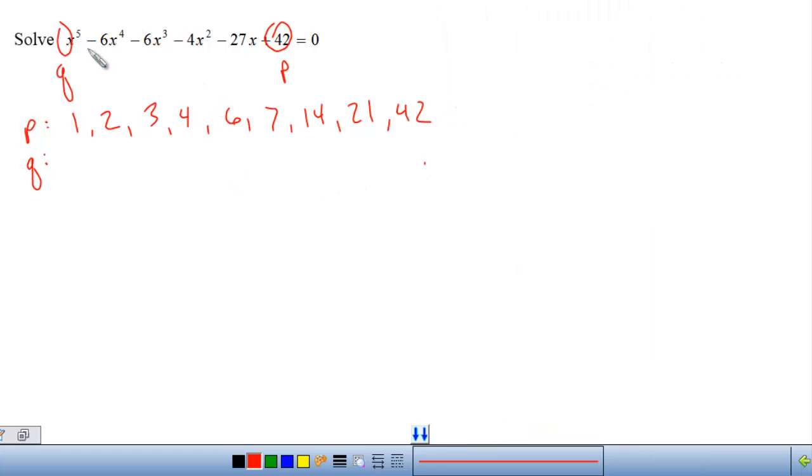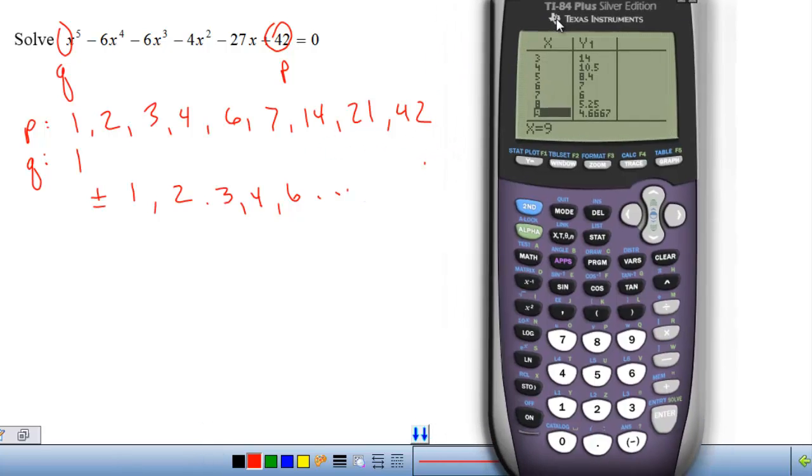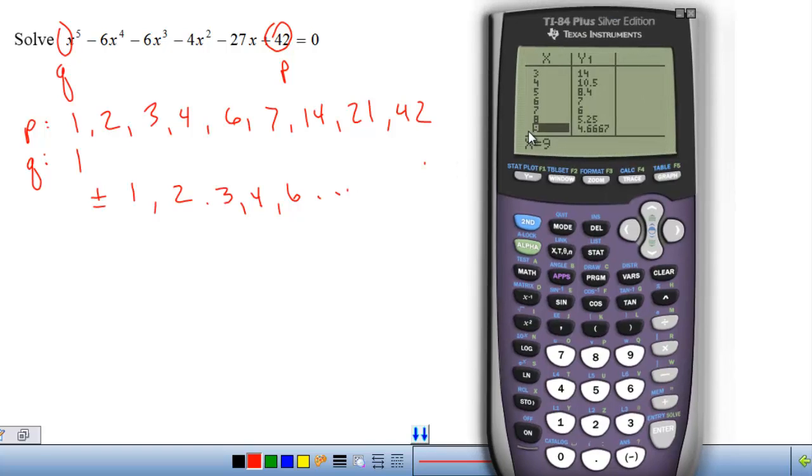And then because Q, the leading coefficient here, is just a 1, that makes it pretty easy. So I have potentials of plus or minus 1, plus or minus 2, 3, 4, 6, and then so forth. All of these up here. So now again, in order to limit these, because I don't want to check all those using synthetic division, I'm going to go ahead and graph it.